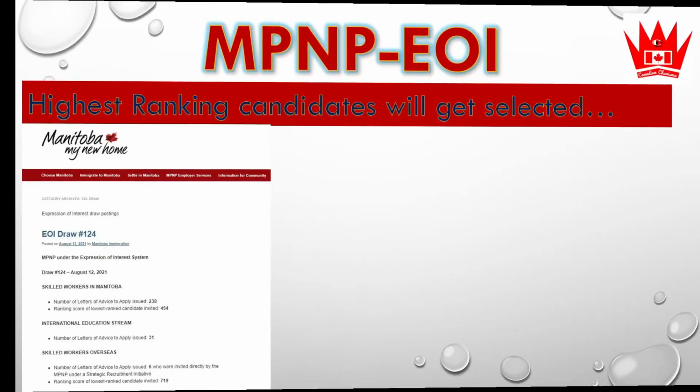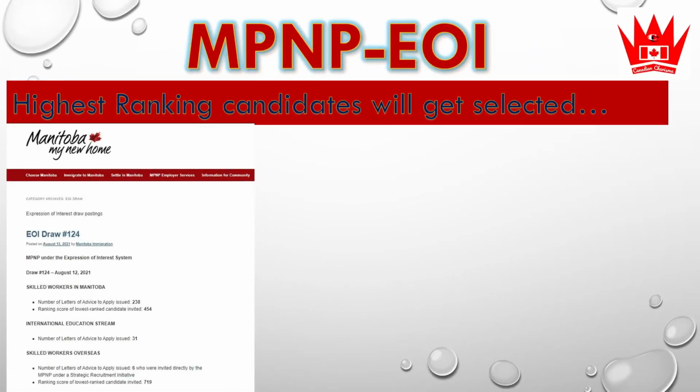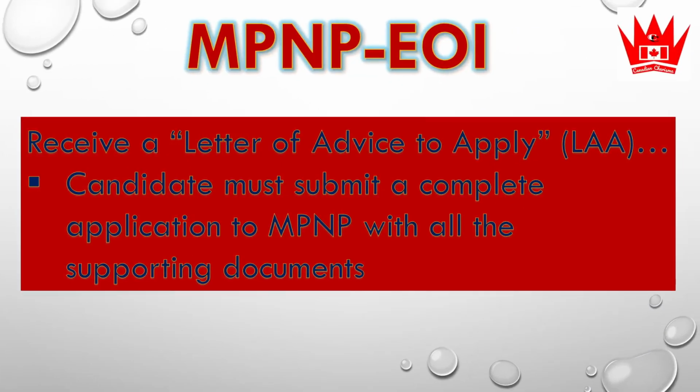Then the highest scoring qualified candidates with a connection to Manitoba will get selected through MPNP's EOI draw system. If the candidate gets a letter of advice to apply, then the candidate needs to submit a complete application to MPNP with all the supporting documents to get a nominee certificate from the province of Manitoba.